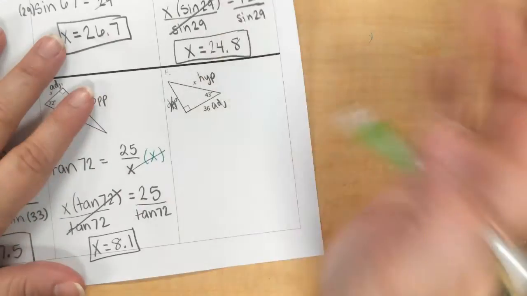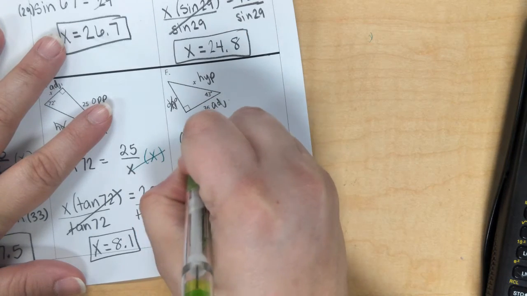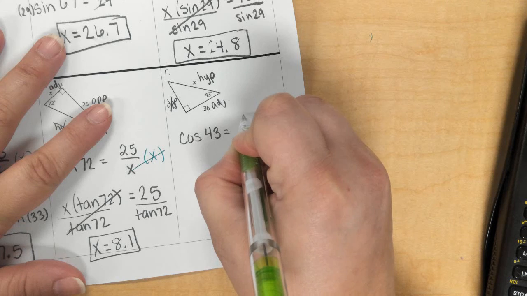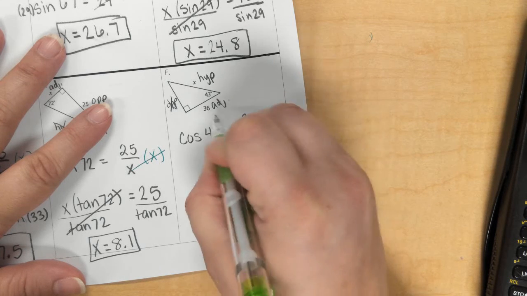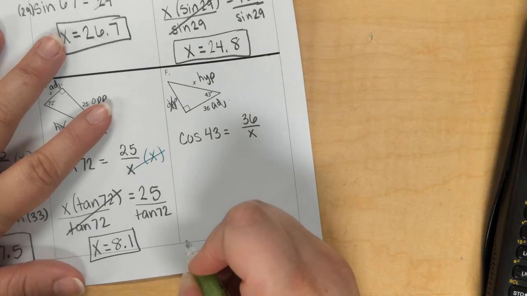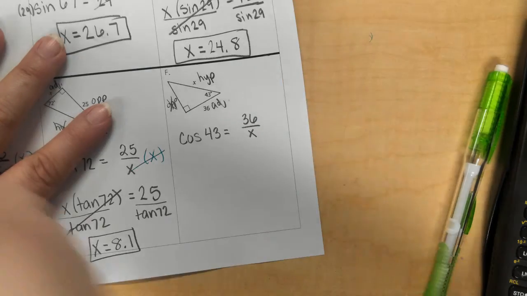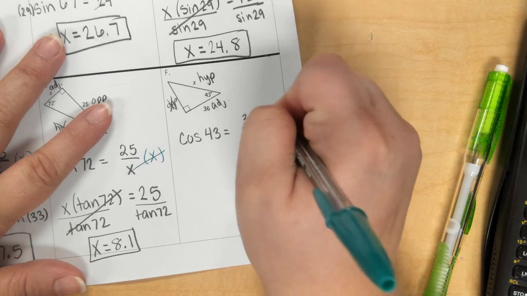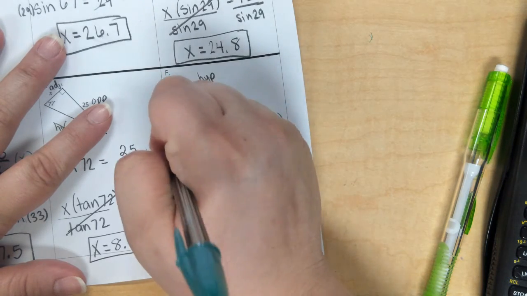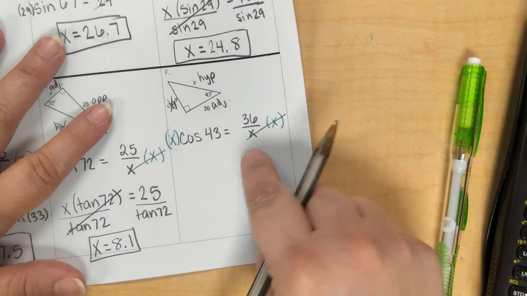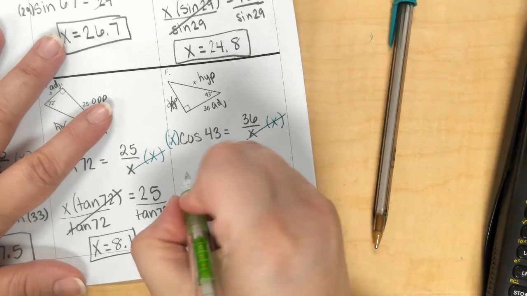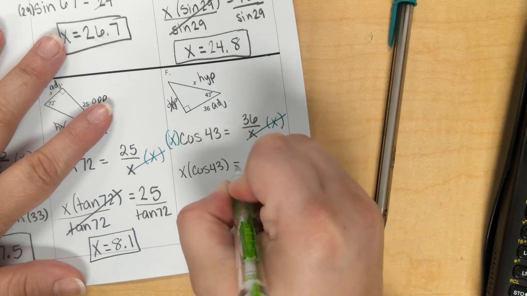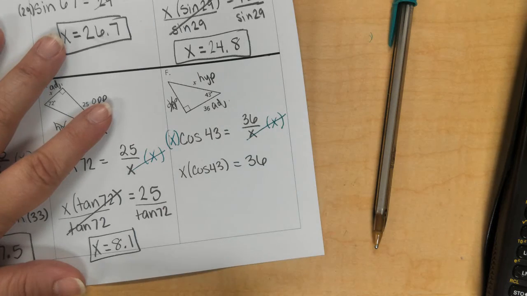So I would say cosine of the angle 43 equals adjacent over hypotenuse. So now, to solve for x, we're going to multiply both sides by x. Eliminate that. And we have x times cosine 43 equals 36.